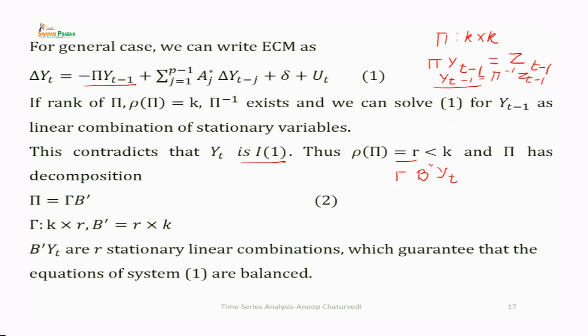So, this is stationary, and here you have our linear combinations. All these linear combinations of B transpose y t are stationary.